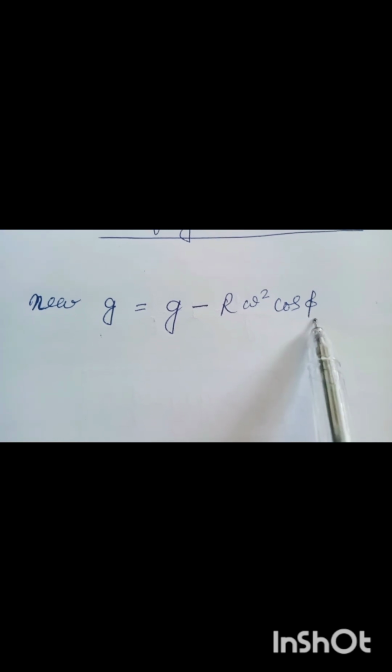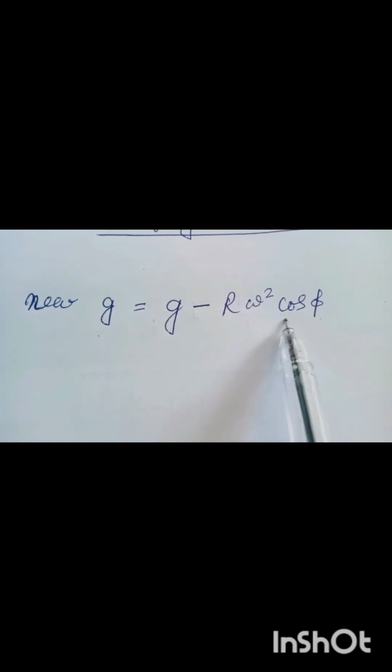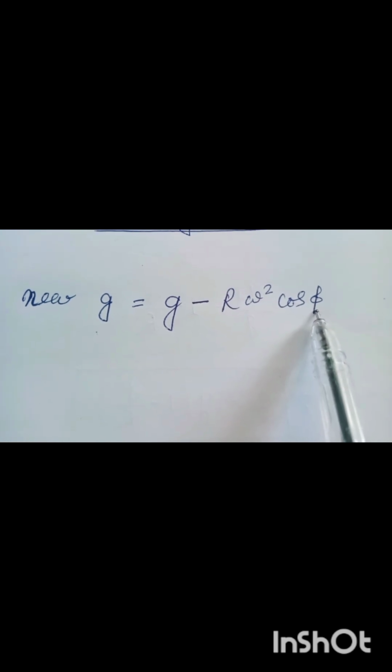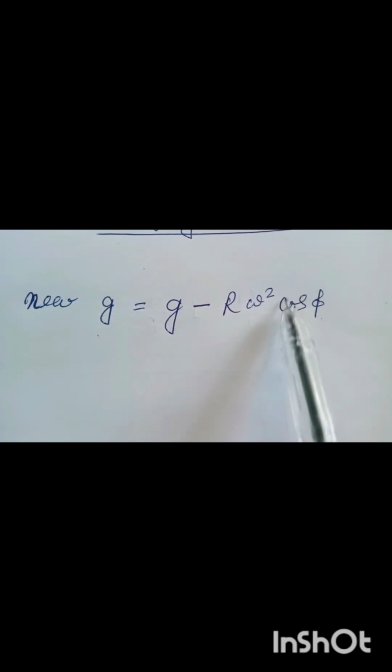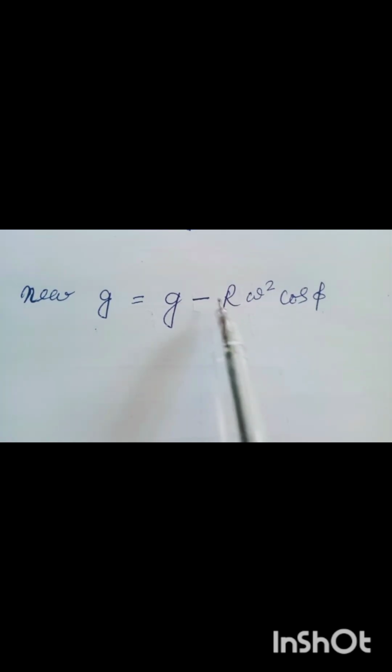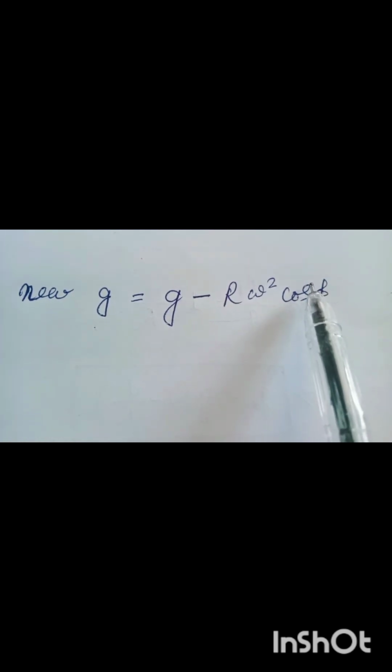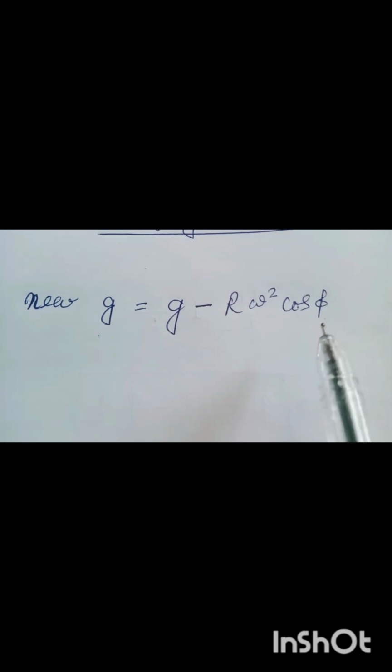As phi increases, cos phi decreases. We know that cos 0 degree has the maximum value and cos 90 degree has 0 value. So as phi increases, cos phi decreases. Therefore, the whole expression for g will decrease, and vice versa.